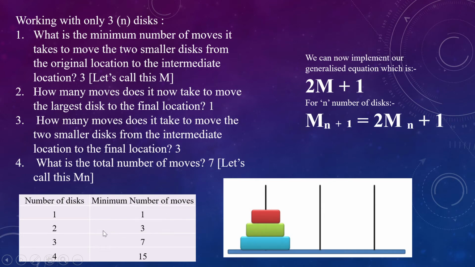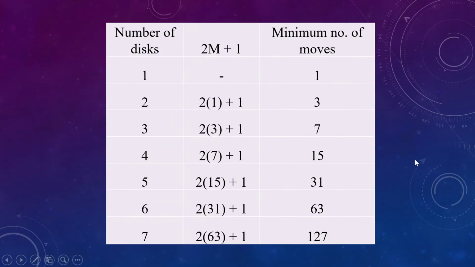As you can see in the next slide, if there's only one disk, it only takes one move from A to C. If you have two disks, you can use the formula and get 2 into 1 plus 1, which is 3. If you notice the pattern, M is always based on the previous minimum number of moves.